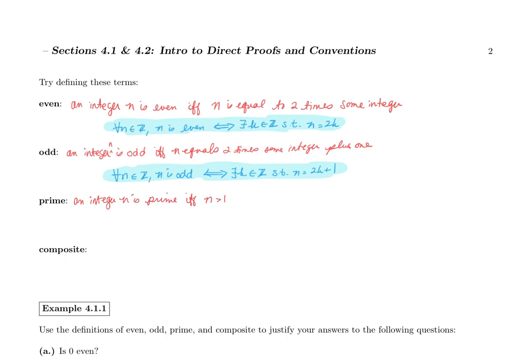So if and only if n is greater than 1, and for all r and s in the set of positive integers, I should definitely keep that in there, if n equals r times s, then r equals n or s equals n, meaning that n has to be one of the two factors.